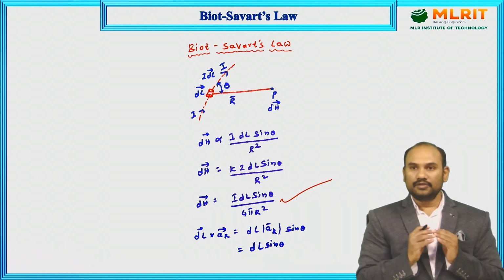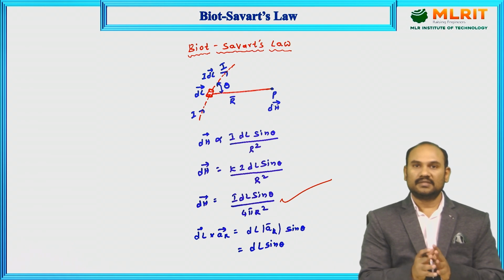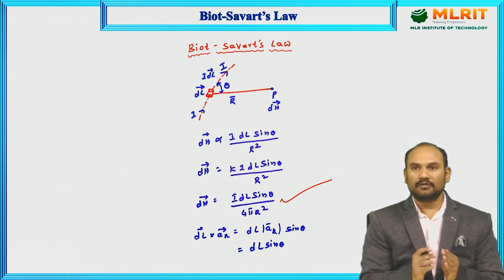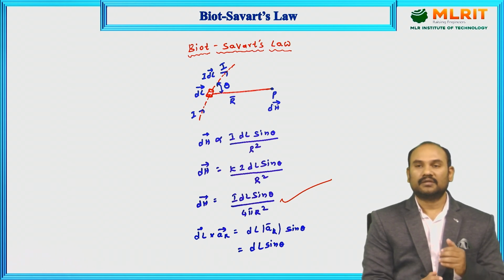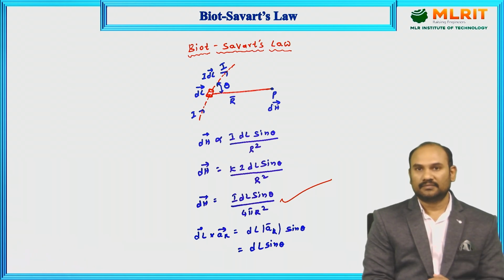Now we can also simplify this Biot-Savart's law further, and we can also write down the Biot-Savart's law in an alternate form, which is useful in different contexts. Now how can you do that?